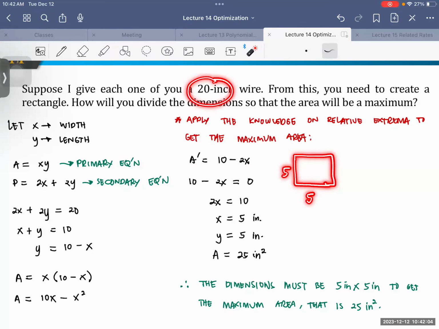Again, as I've mentioned, a square is a rectangle. So 5 by 5, that is a perimeter of 20. So the area, class, is 25 inches squared. To answer the question, the dimensions must be 5 inches by 5 inches to get the maximum area, which is 25 inches squared.